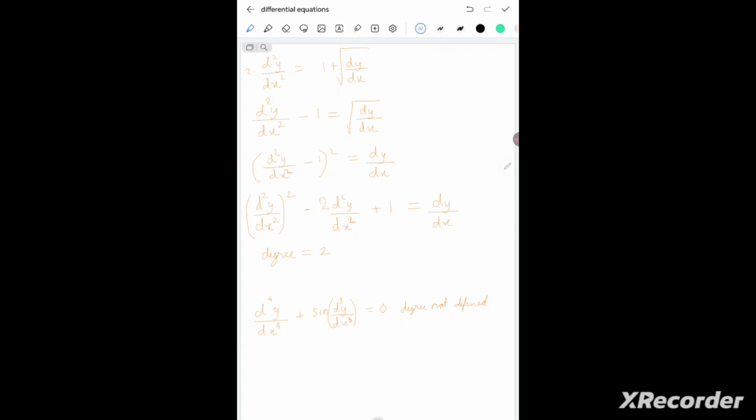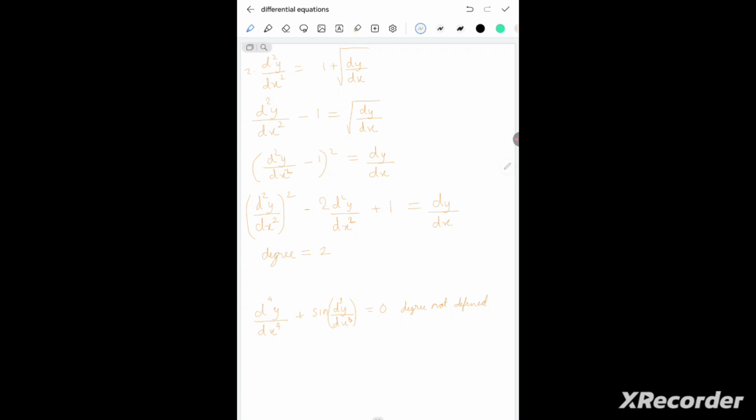Now at first glance, when you see, this is not a polynomial. So first we have to convert this differential equation into a polynomial. So take this 1 to the LHS and square the LHS and RHS. So d square y by dx square minus 1 is equal to square root of dy by dx.